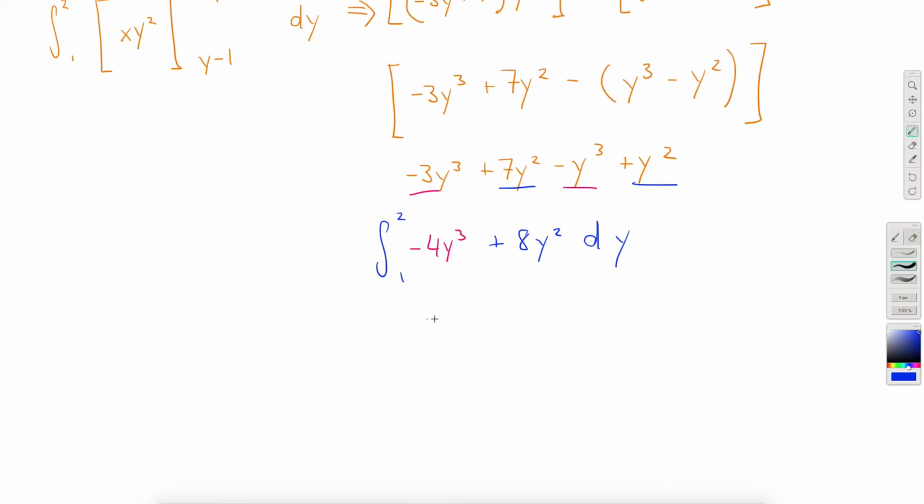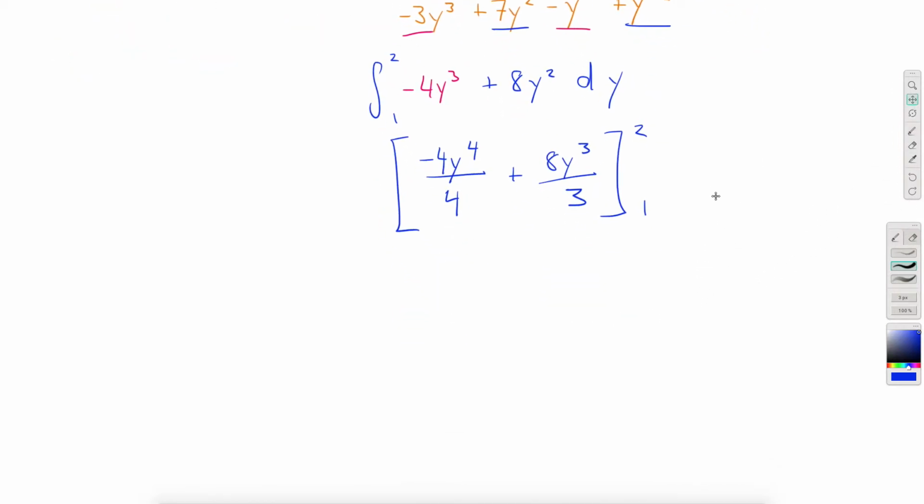And you're going to get negative 4y to the 4 on 4 plus 8y cubed on 3 between 2 and 1. Which is the same as negative y to the 4 plus 8y cubed on 3, 2 and 1.